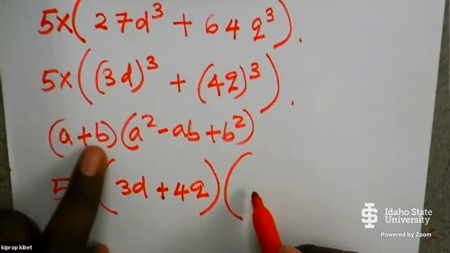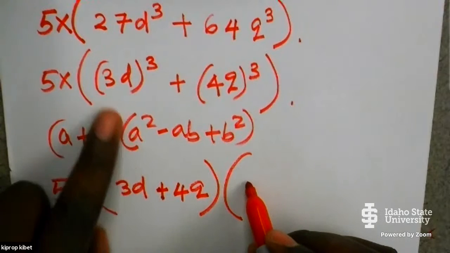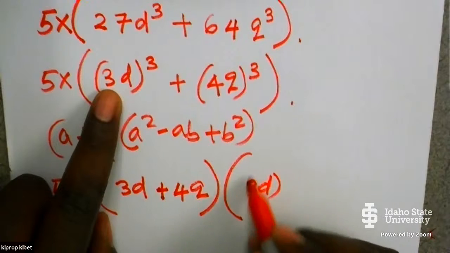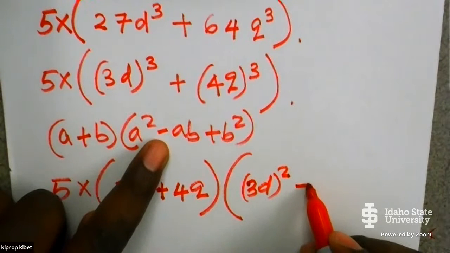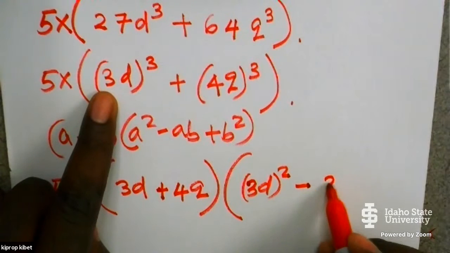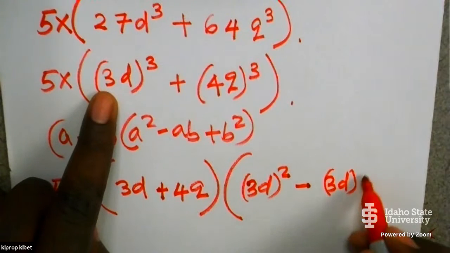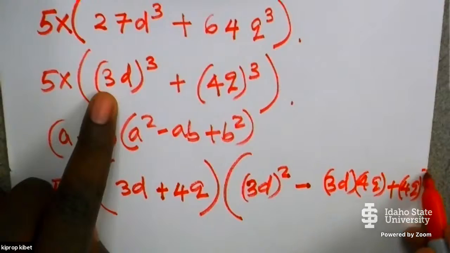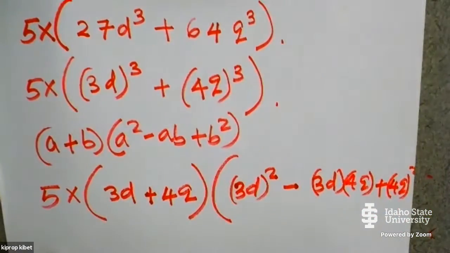Then a squared, 3d squared, minus ab, 3d times 4, plus 4 squared.